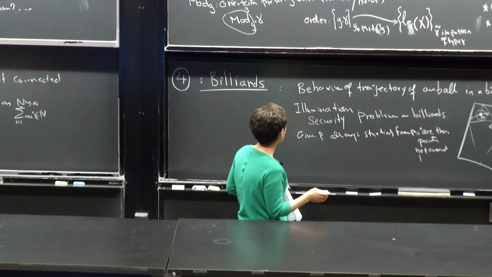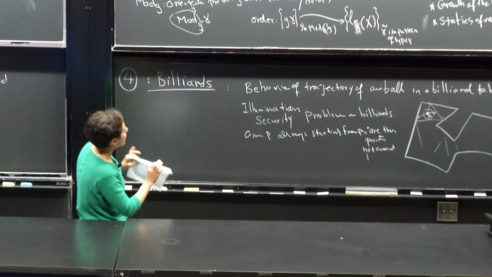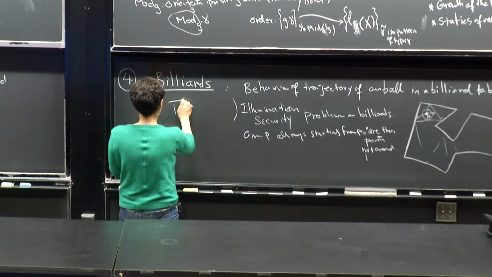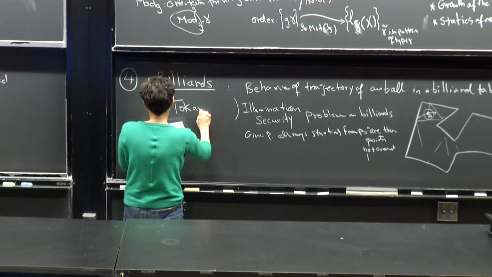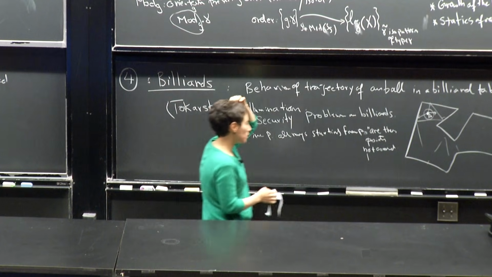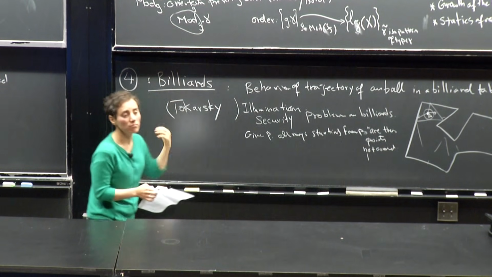In general, there are examples of billiards which are not illuminated at one point. But it's very hard to say what the set that can't be covered consists of.